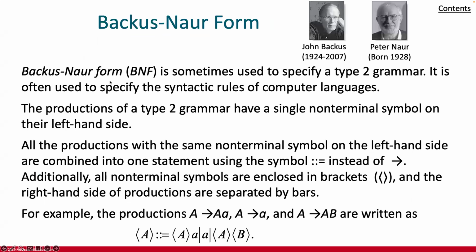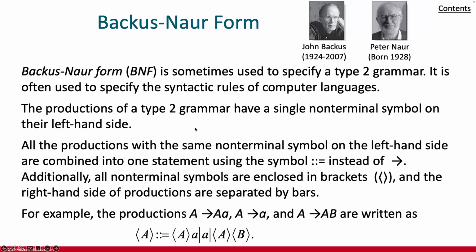The Backus-Naur form is sometimes used to specify a type 2 grammar. It is often used to specify the syntactic rules of computer languages. The productions of type 2 grammars have a single non-terminal symbol on the left-hand side.